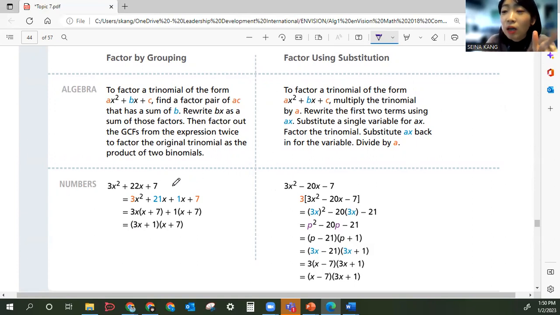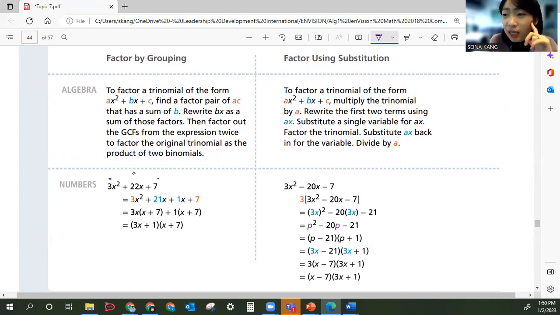Factoring by grouping, you are looking at the product of the first and last coefficients and the pair that adds up to the middle coefficient, and you're going to break the second term down so that you can group them and factor them out, and factor them out again using the distributive property, okay?